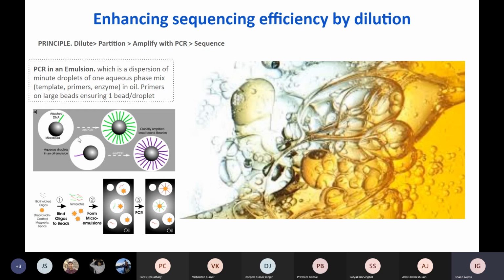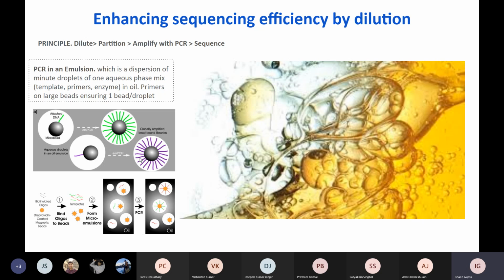What they did was attach DNA fragments to a bead. Then they encapsulated this bead in an emulsion, and the DNA fragment attached to the bead underwent PCR, only this fragment in that particular emulsion. As a result, you have these water droplets and beads inside the water droplets, which have copies of only one DNA fragment.